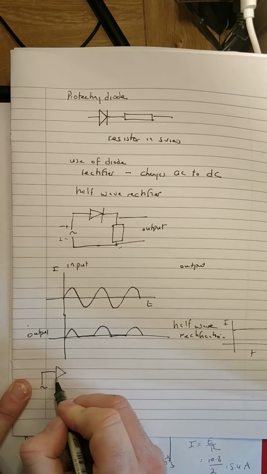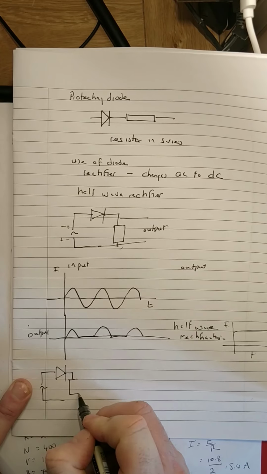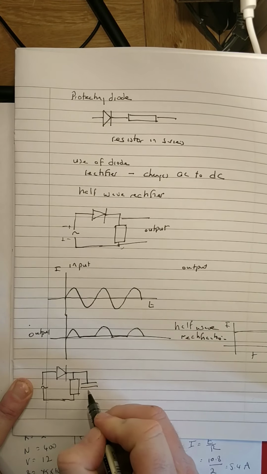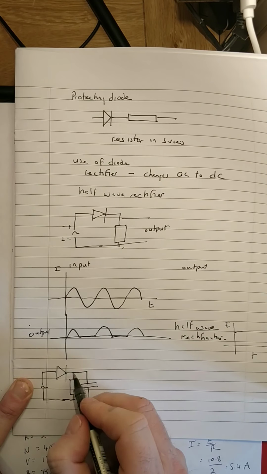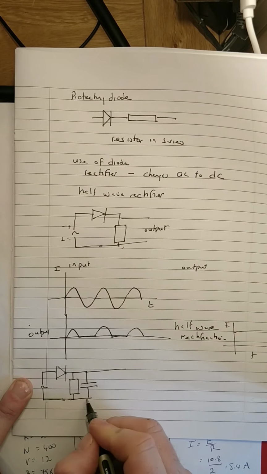So we have the same circuit, and this is a use of a capacitor, so it's useful to know. You have your diode and your resistor, and you also put a capacitor here in parallel to your resistor. You can have it on the other side, it doesn't matter, and you have your output here.